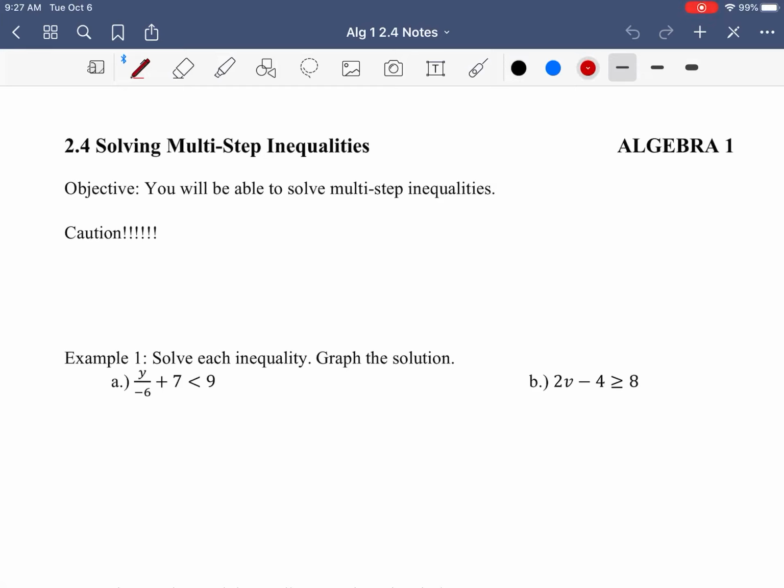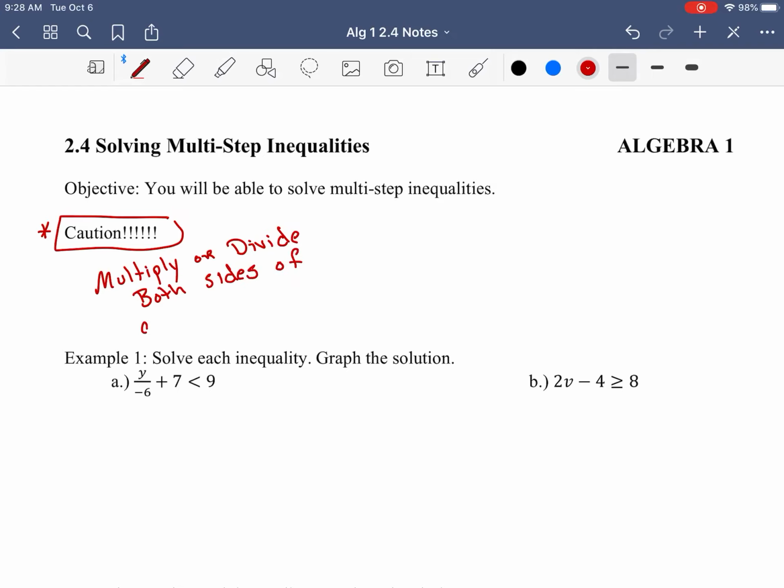One word of caution. The most common mistake when solving inequalities is, first of all, forgetting to multiply or divide by a negative. Remember, if you multiply or divide both sides of an inequality by a negative, you must switch the direction of the inequality.